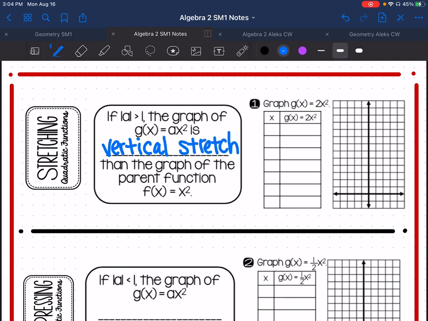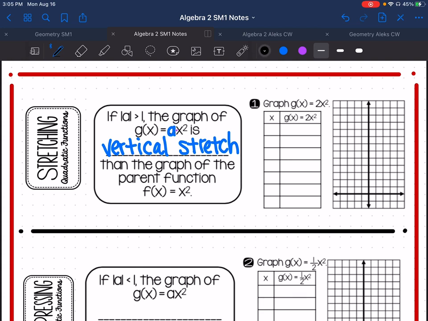Then the graph of the parent function, f of x squared. So notice where my vertical stretch is. It's this number right here. And what that number is doing is it is being multiplied in front of the parent function. And of course, remember, our parent function this time is x squared, the quadratic, but you could replace that with simply x, the linear, or the absolute value of x, but it's got to be outside, okay?